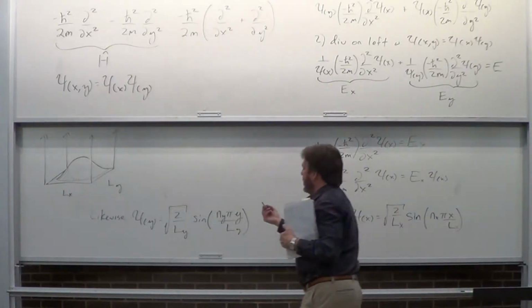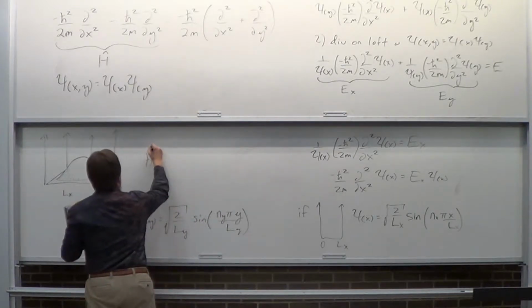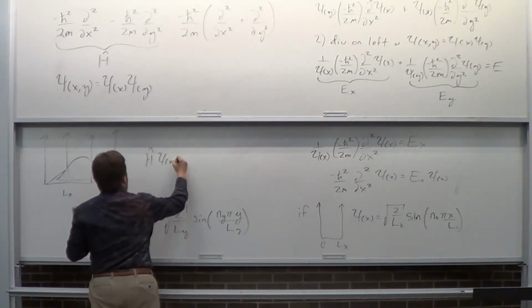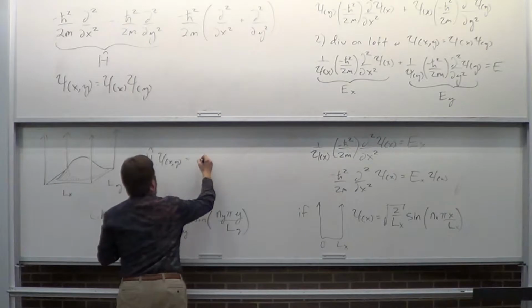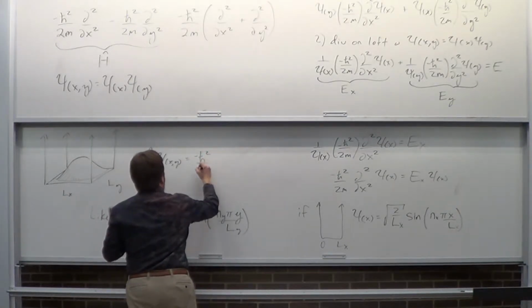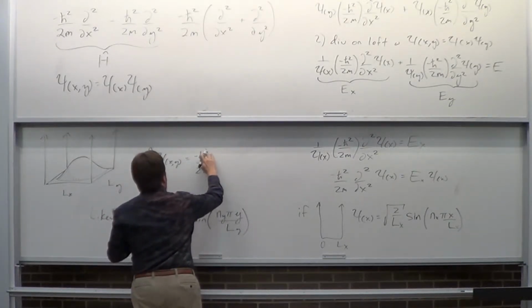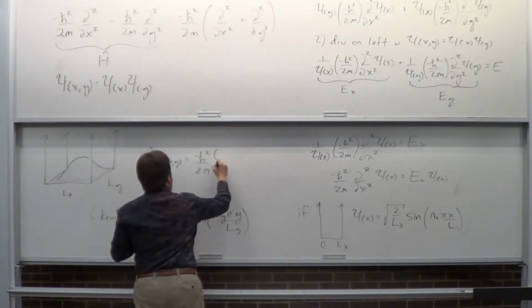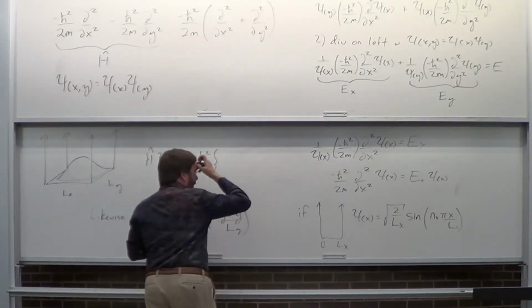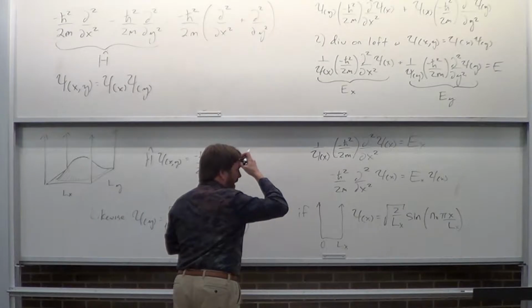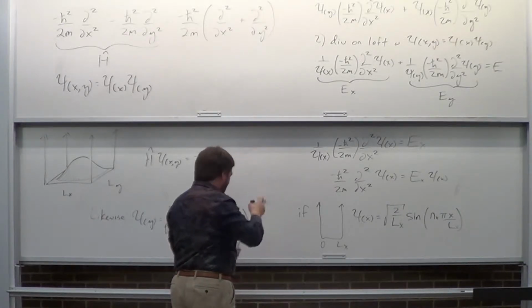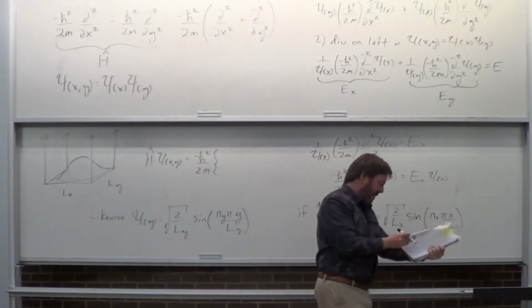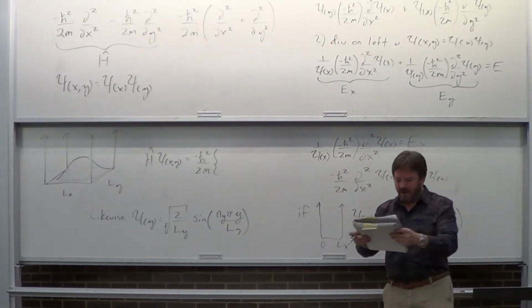And the energy, now let's apply the Hamiltonian to the wave function. What you end up with is minus h bar squared over 2m. Oh, I actually forgot what this turns into. Maybe if I look at my answers, I have it here.